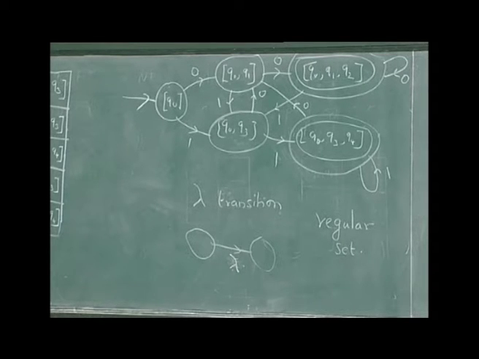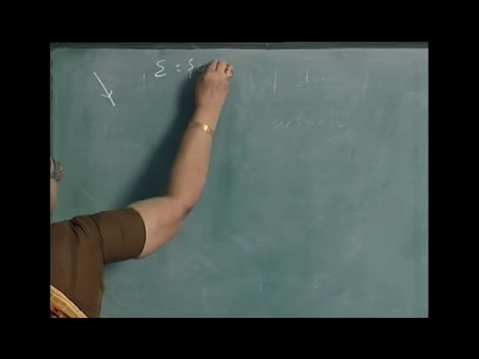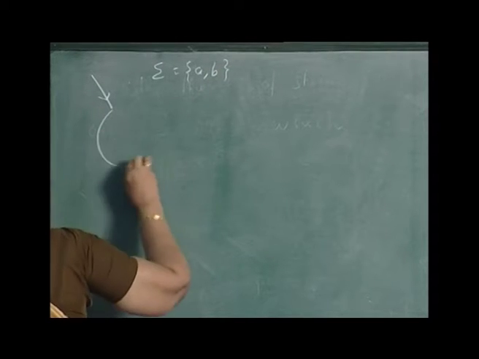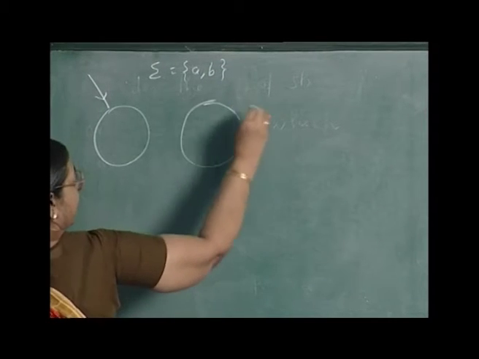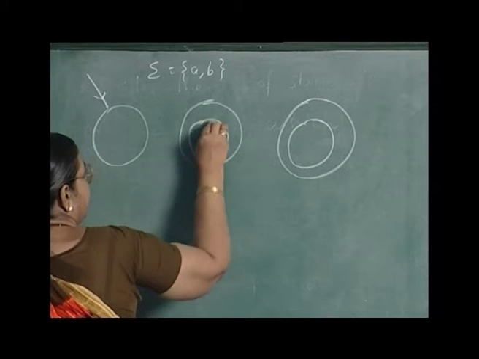We have also seen, in these cases, this as an acceptor. Next we shall talk about the minimization procedure. Look at this diagram, the alphabet is A, B. You have 3 states, Q0, Q1, Q2, and these 2 are final states.